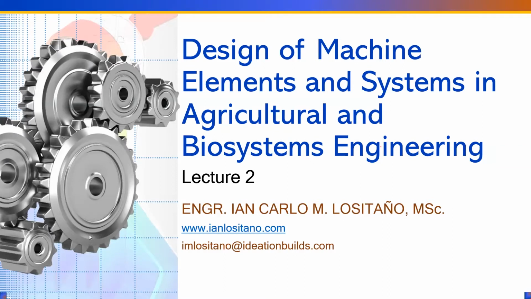Okay, welcome back to lecture number 2 of Design of Machine Elements and Systems in Agricultural and Biosystems Engineering. This is just a continuation of the previous topic on the very basic theoretical knowledge on machines and machinery.